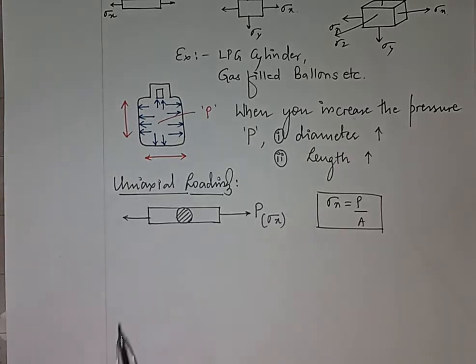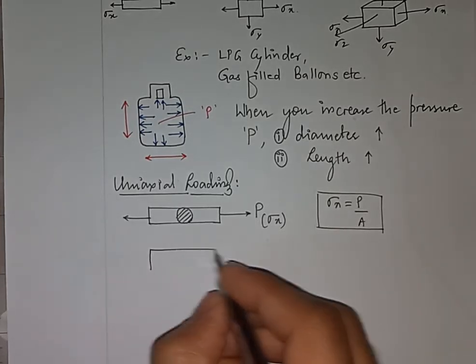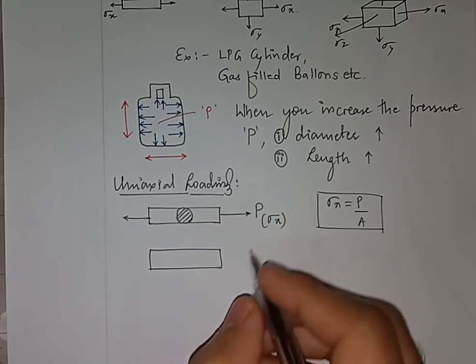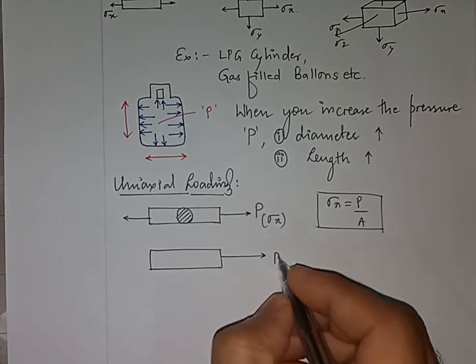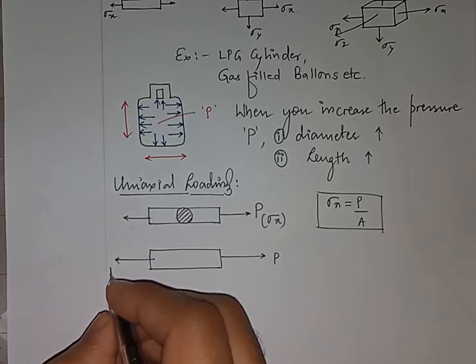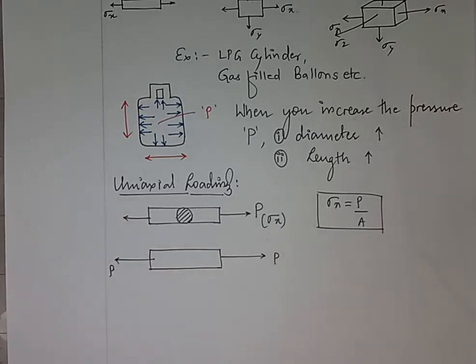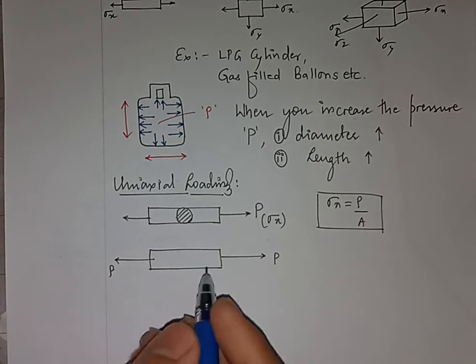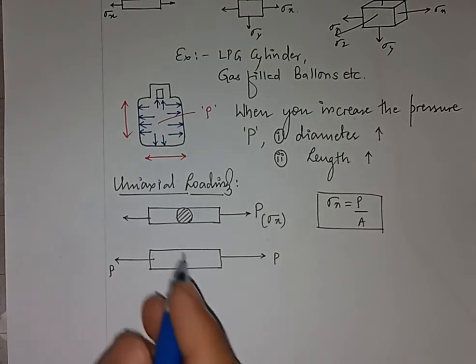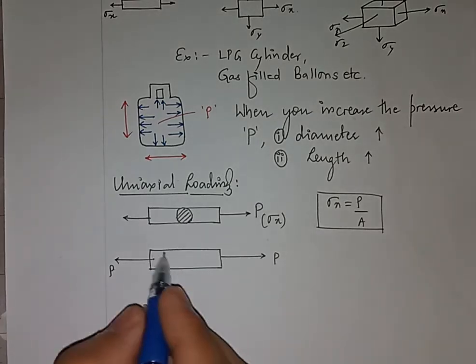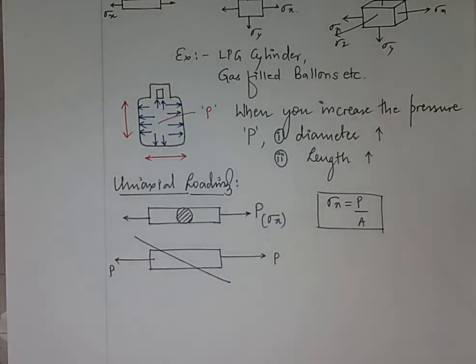Now I'll consider the same case of the prismatic bar, which is subjected to the same force P on either side. But now I am interested in finding the forces or the stresses which are coming on this oblique plane that I have considered.